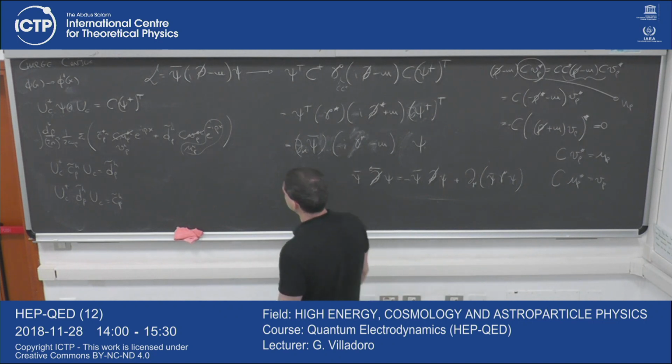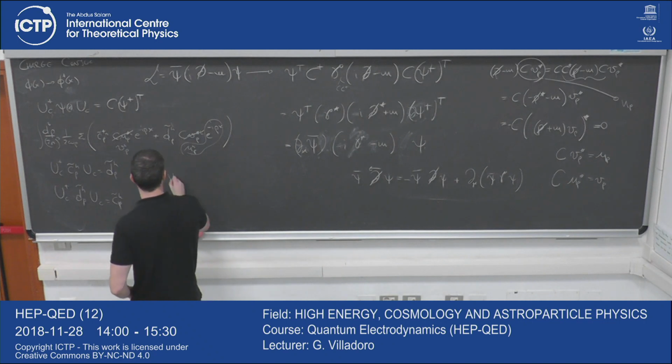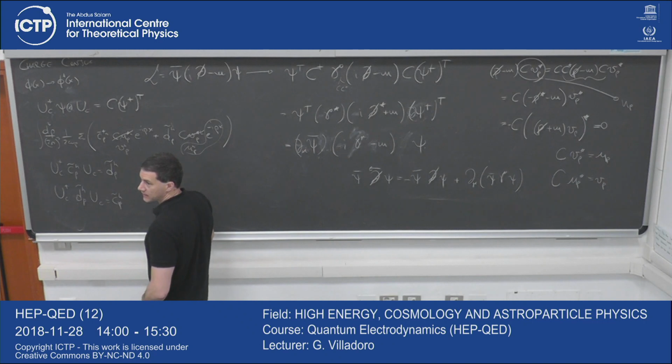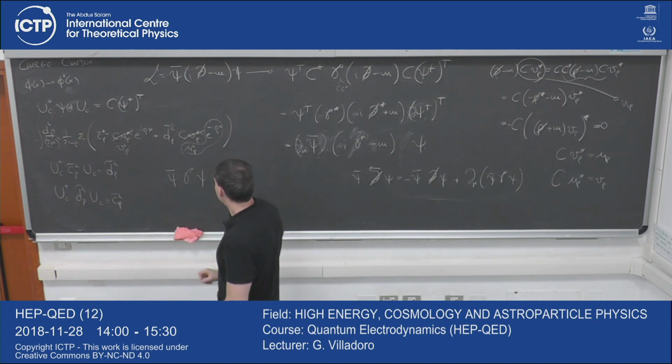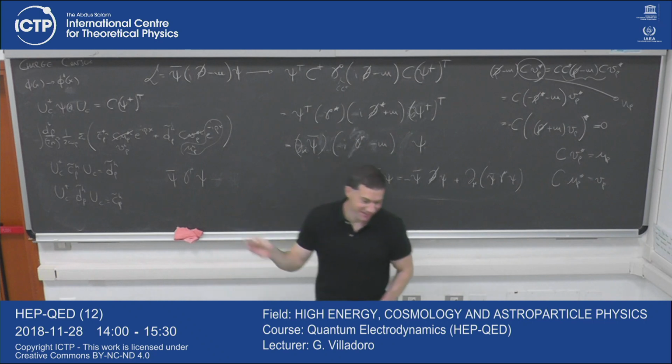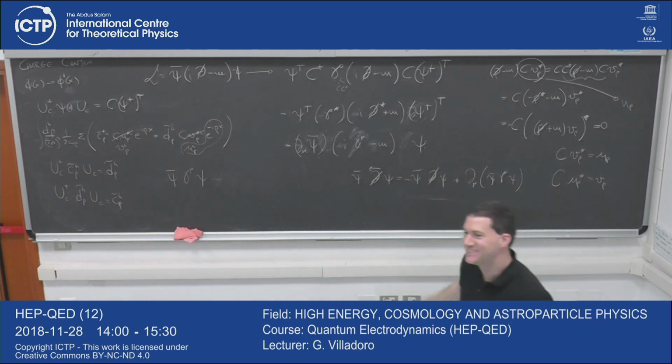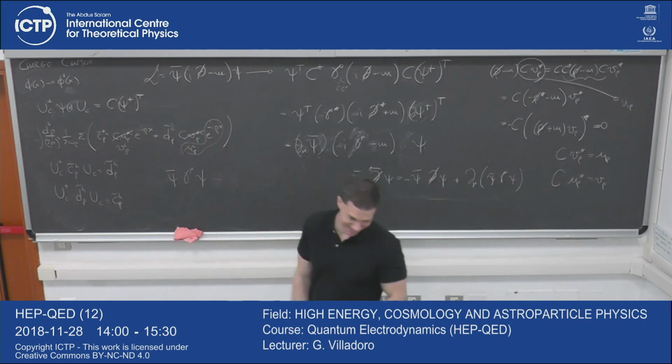So for example, you can compute psi bar. What is the charge operator for the Dirac field? In particular, the current, the conserved current, was psi bar gamma mu psi. So as an exercise, you do the transformation, you get psi with a C dagger, here you get minus gamma, and then you get minus. I leave it as an exercise.